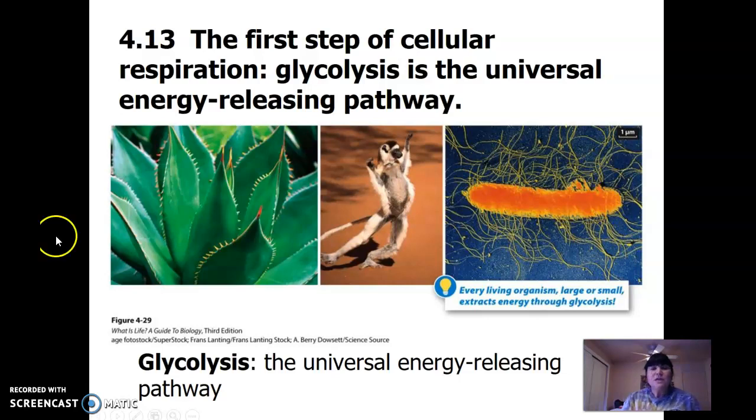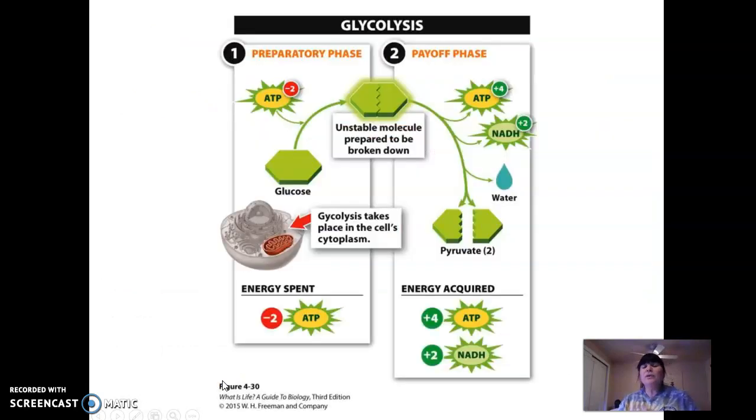Glycolysis is one of them. I like this picture because it shows it happens in plants, animals, and bacteria, right? Every living organism, large or small, extracts energy from glycolysis. Think of Lysol: lysis is to break. Glycolysis is breaking down the sugar, specifically glucose. So here's again the big picture. Where does it happen? It's going to happen in the mitochondria.